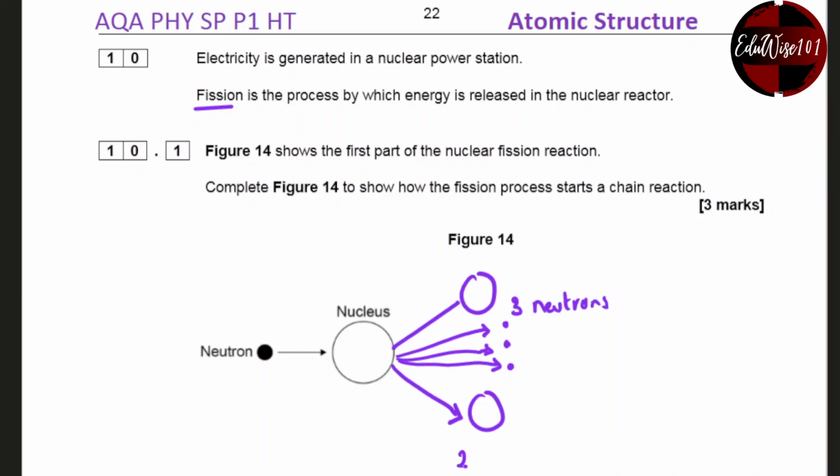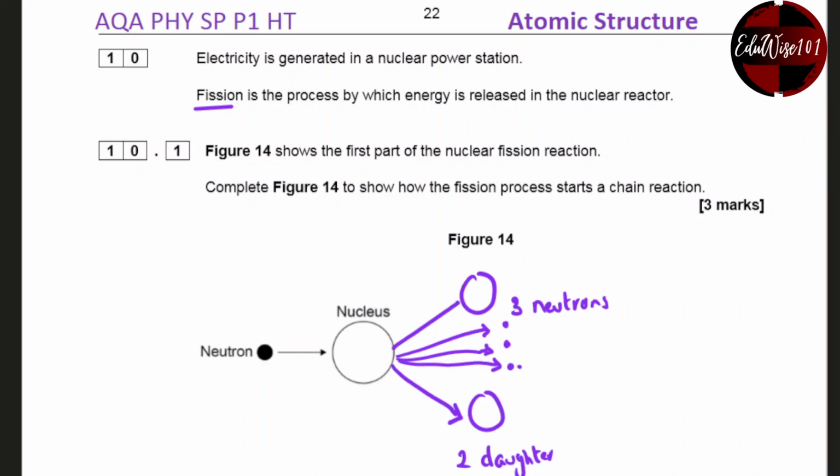And 2 daughter nuclei. Now the daughter nuclei you don't really need to know, because that is not important for the fission reaction. It's these 3 neutrons, what they actually do.